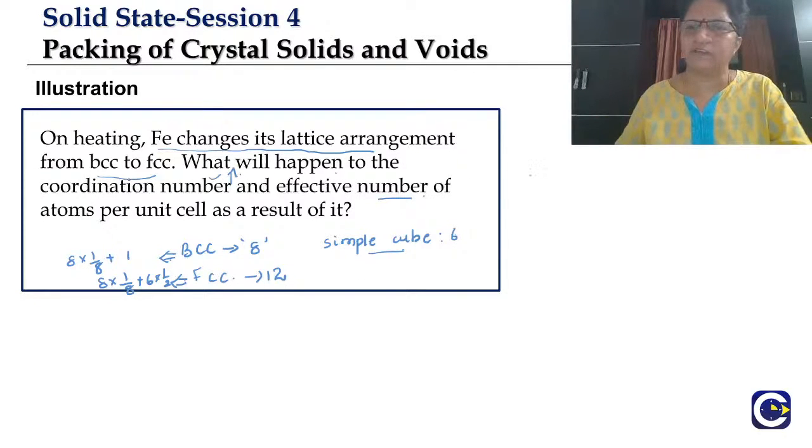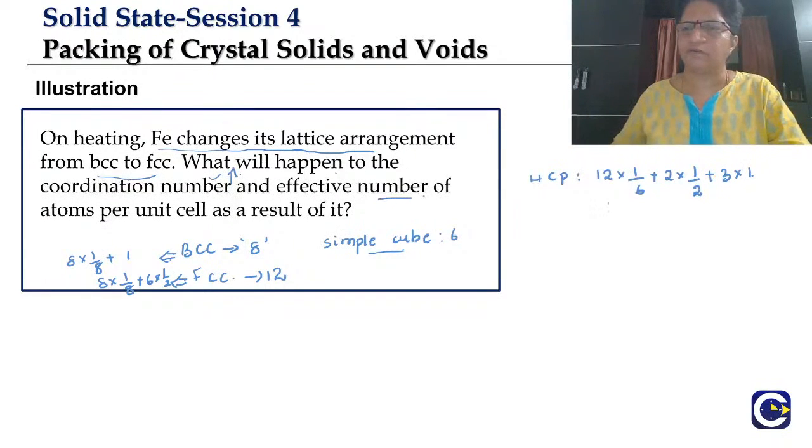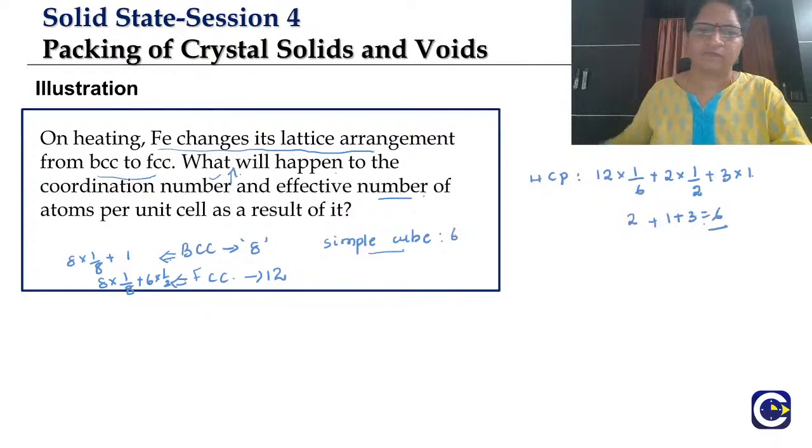How was it for HCP? 12 at the corners into 1 by 6, 2 at the face centers into 1 by 2, and 3 at the center of the body. So it is 2 plus 1 plus 3, 6. Effective number of atoms. I am not talking about the coordination, effective.